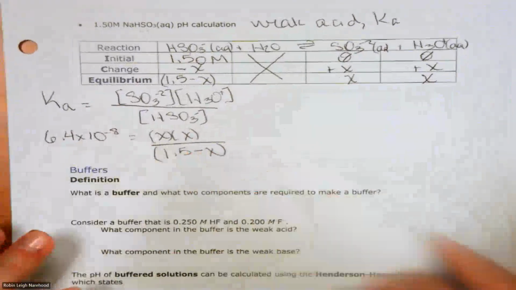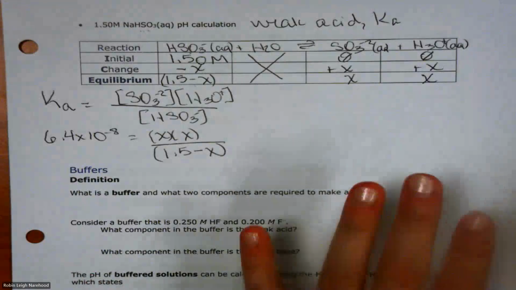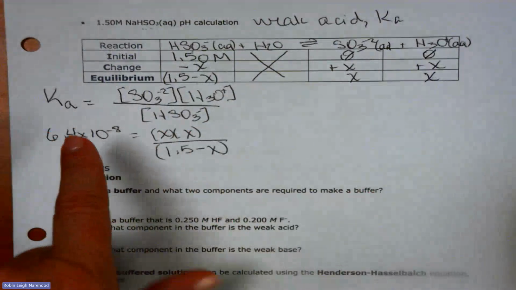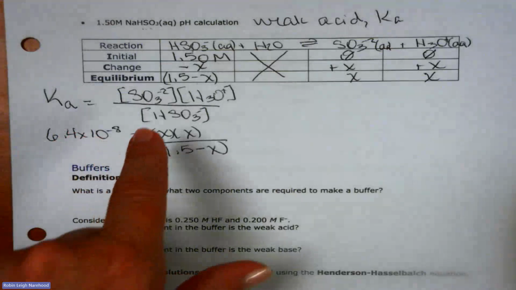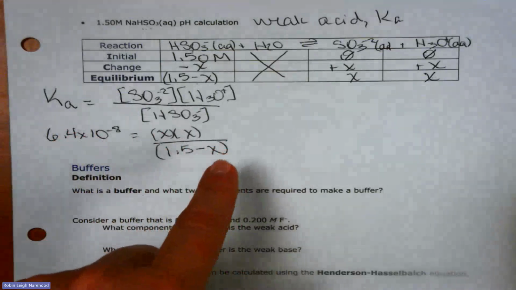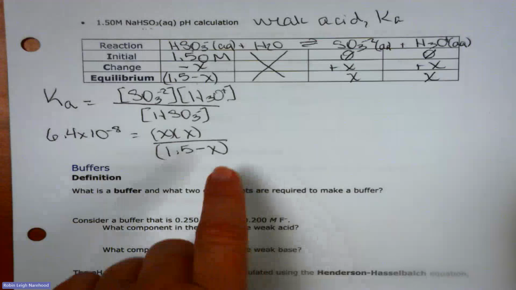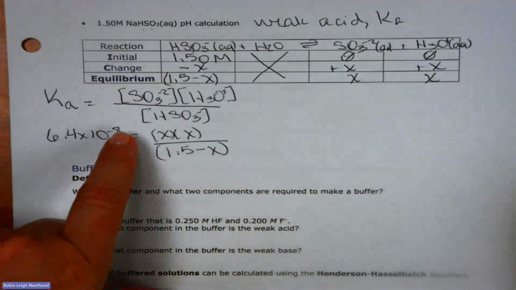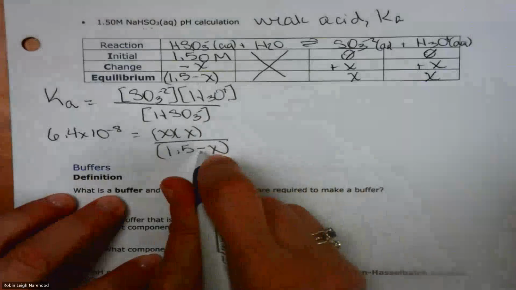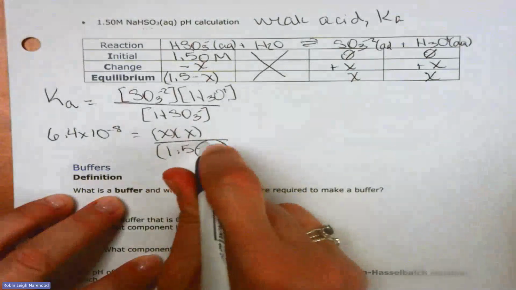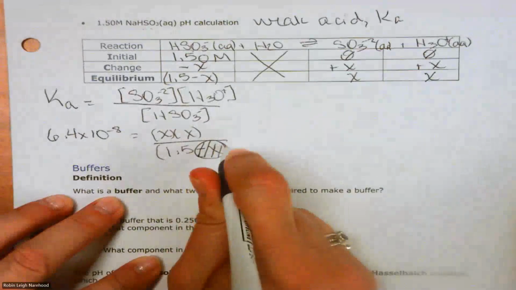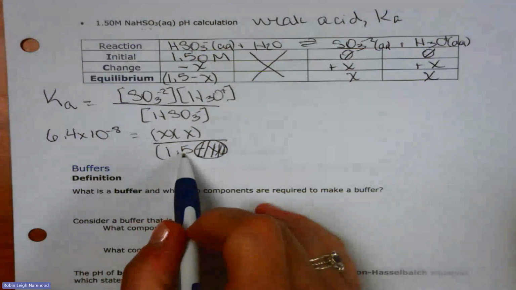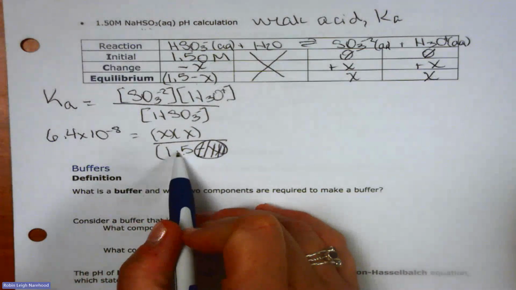So when you get all of the information, which includes the correct constant and then all the equilibrium concentrations, then you can ask yourself, can I ignore that minus X? Yes, because our constant is to the -8 power. And so I'm going to circle this and cross it out. So my denominator now, when I do the math, can just be 1.5.